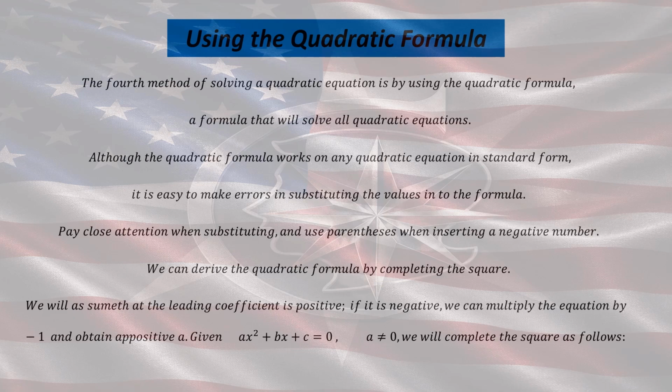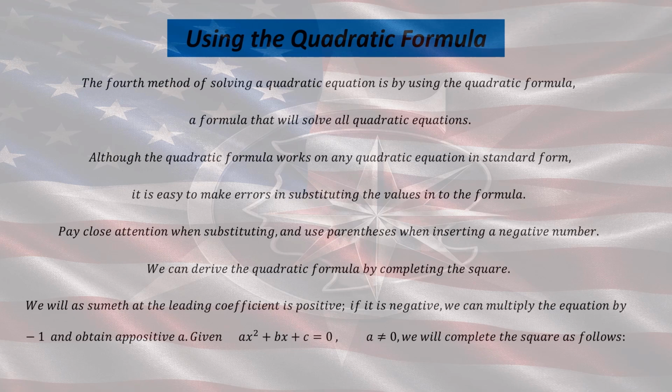Pay close attention when substituting and use parentheses when inserting a negative number. We can derive the quadratic formula by completing the square. We will assume that the leading coefficient is positive. If it is negative, we can multiply the equation by -1 and obtain a positive a.